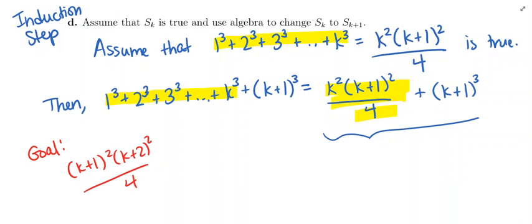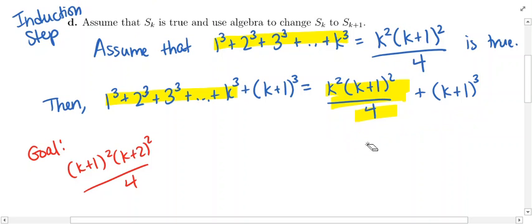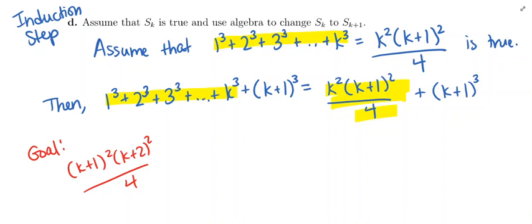That's my goal. When you manipulate with algebra, you've got to keep the goal in mind. So what's going on here? We have a fraction, and then we're adding something that's not a fraction.